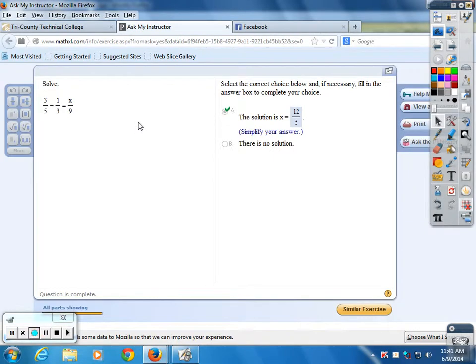That's about the only one we got in 6 point. Go ahead and do that one. 3 over 5 minus 1 over 3 is equal to x over 9. This is number 1. So everybody should at least get the first 2 on 6.6. I'll still have people turning in zeros for 6.6.